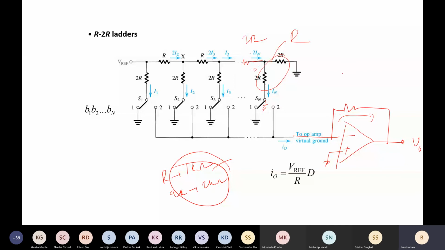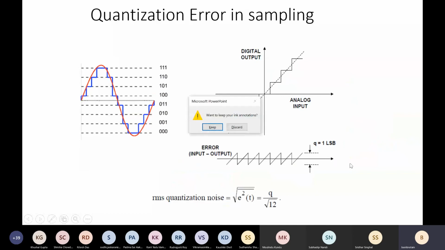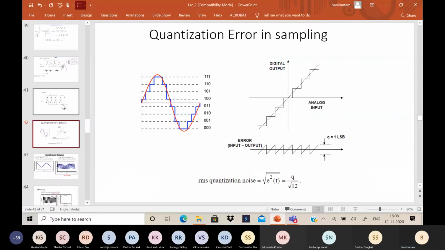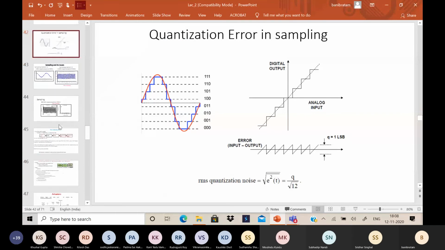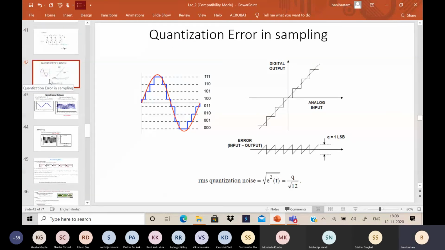And from here we will get the analog signal which corresponds to the digital bits B1, B2 up to Bn in this way. Okay. So this is the other type of DAC. Is it okay so far for all, or any question?